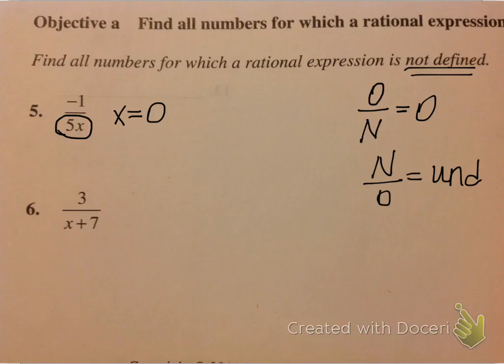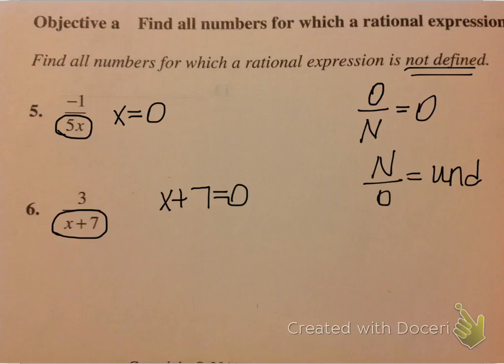So in this one, it's pretty obvious to see what you would plug in, but if you're not too sure, all you have to do is take your denominator and set it equal to 0. It does not matter what's in the numerator because we've already discussed that if there happens to be a variable in the numerator, 0 is okay. But in both these examples, there's a number up there anyway.